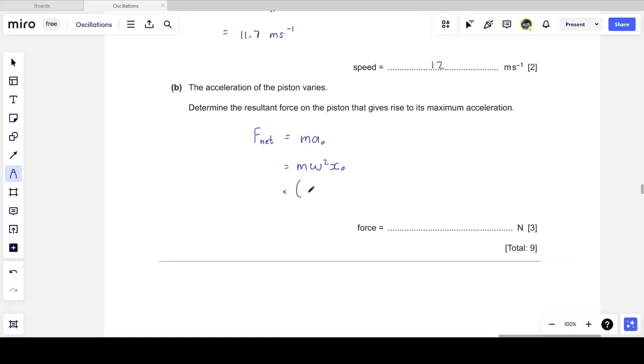I know the mass of the piston is 0.64 kilograms multiplied by 4 pi squared times the frequency squared, since omega is 2 pi times f, times the frequency, which is 45 hertz squared, multiplied by the amplitude, 0.049 meters, and we get the net force to be 2.51 times 10 to the power 3 newtons, or 2,500 newtons to two significant figures.